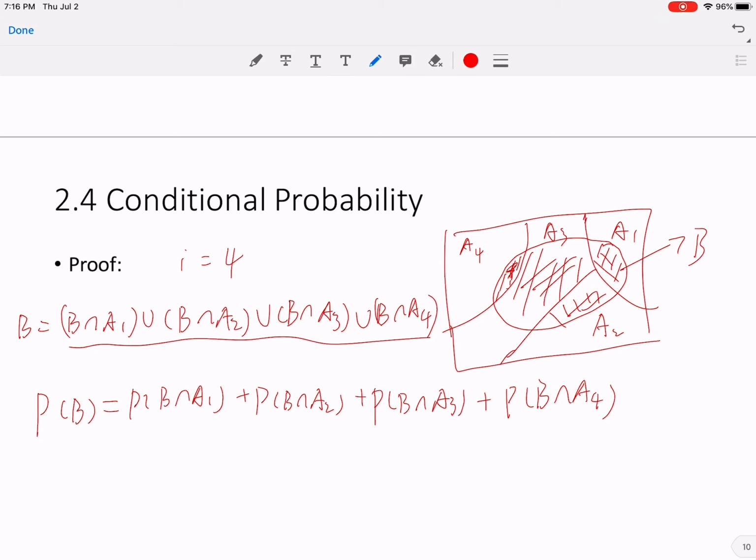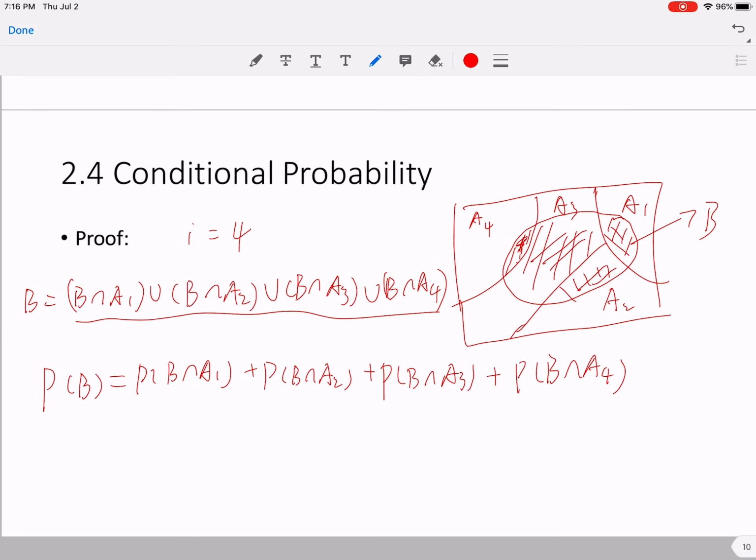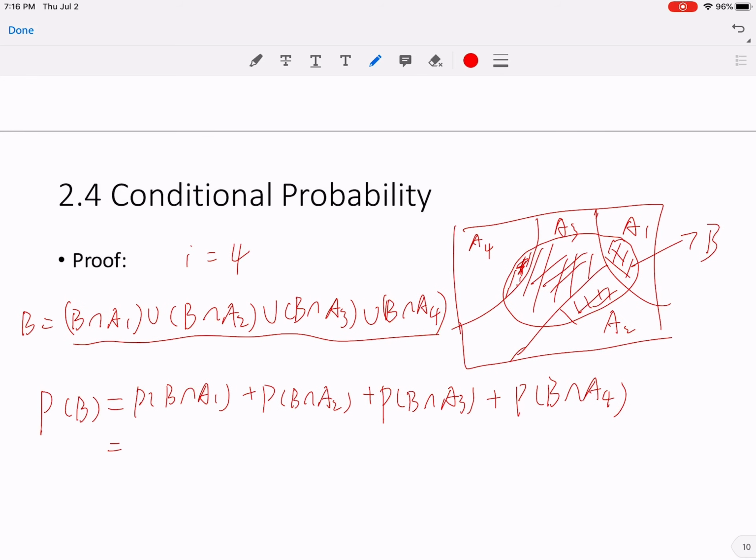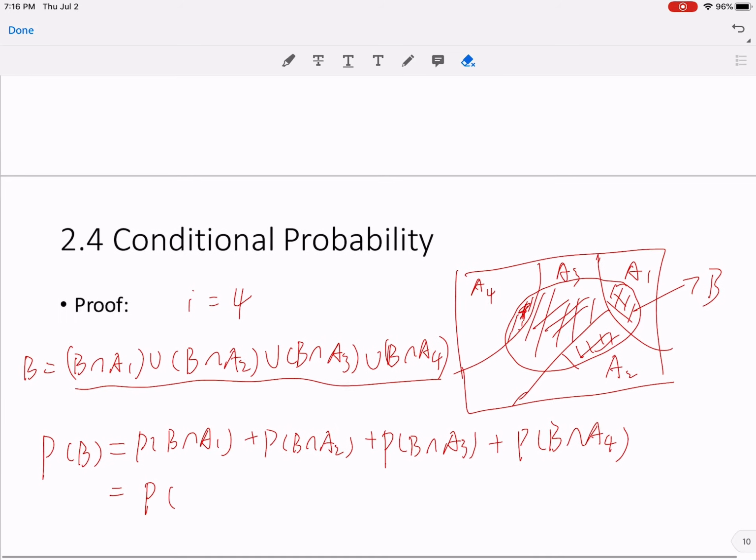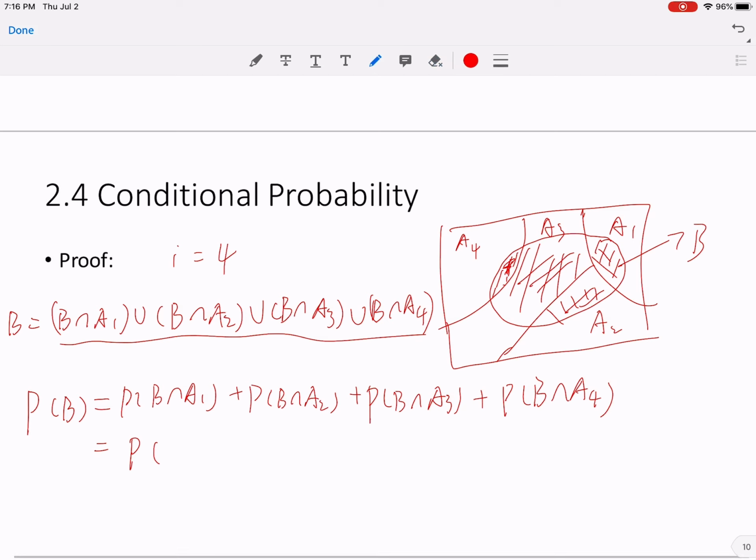Now, based on the multiplication rule, the probability of B intersection A1 is, no, B given A1, I mean, B given A1 times the probability of A1.